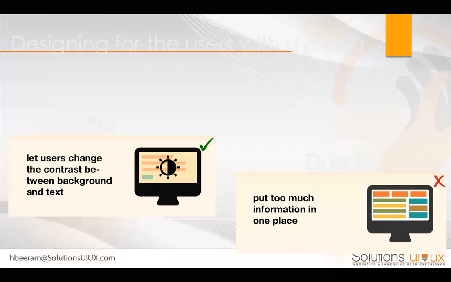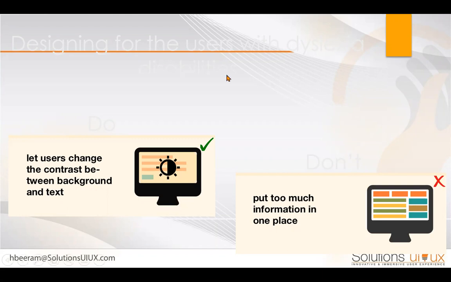One, the need for the regular people, and the need for the disabled people, where they can change the background color and have a higher contrast so they can read. So this is very good, and not too much information in one place. So we should avoid doing that.